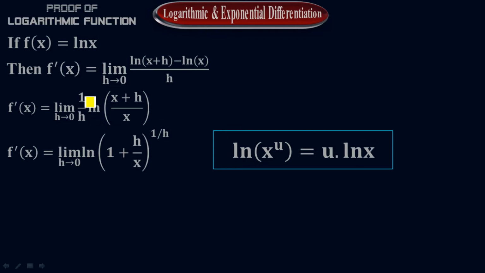Therefore, 1 over h times natural log of x plus h all over x equals natural log of 1 plus h over x to the whole 1 over h. I picked 1 over h from here and made it the exponent, and then I separated the terms. When I separate the terms, I have x over x plus h over x, the x cancels with the x, so I have 1 plus h over x.